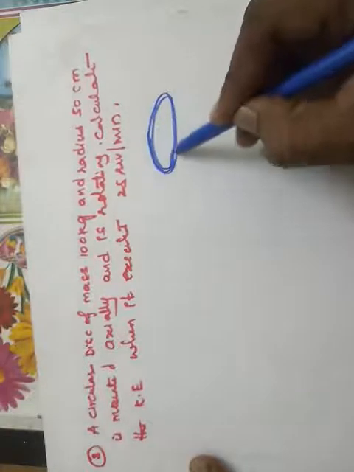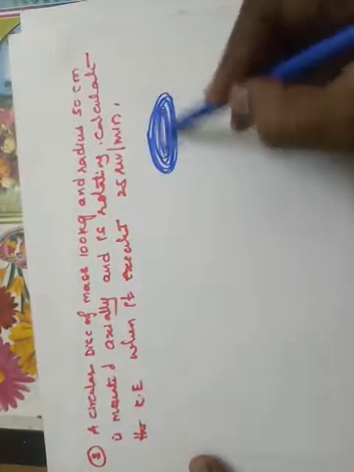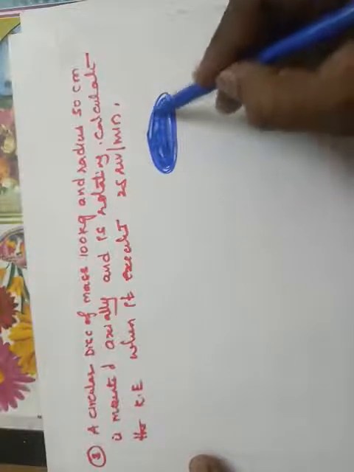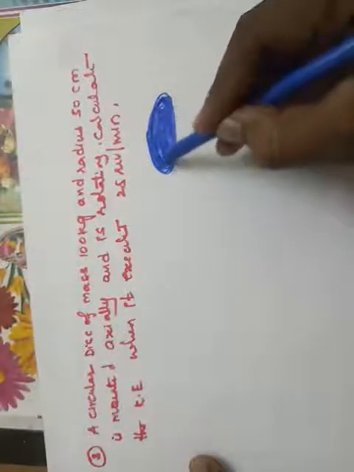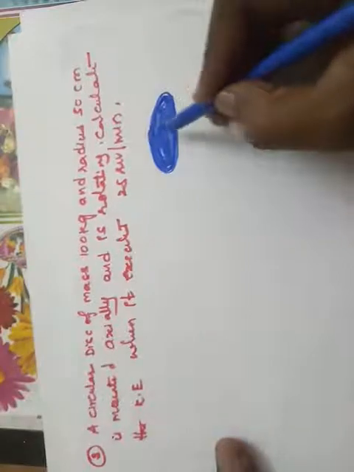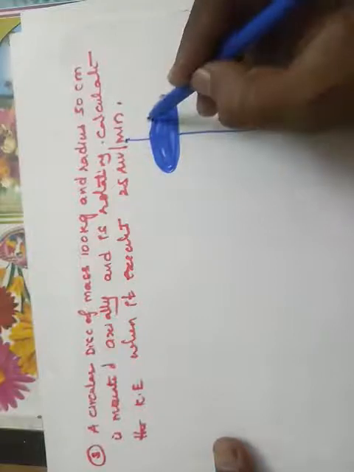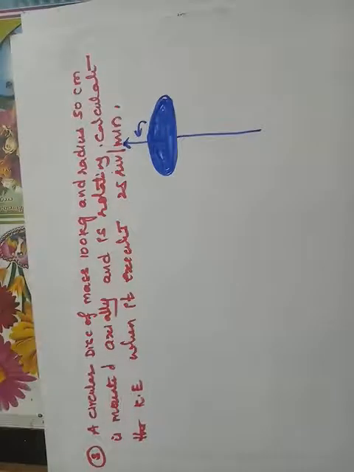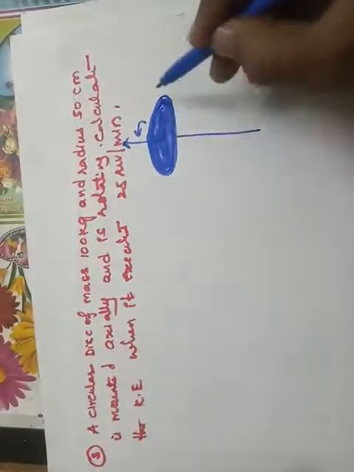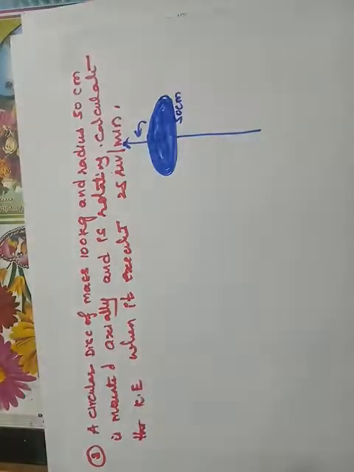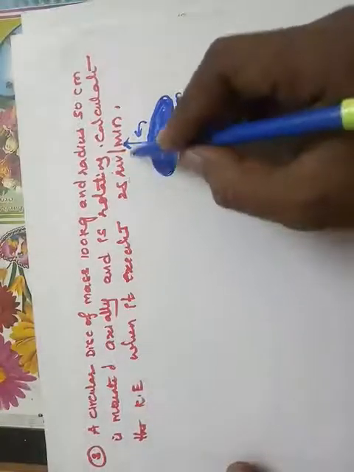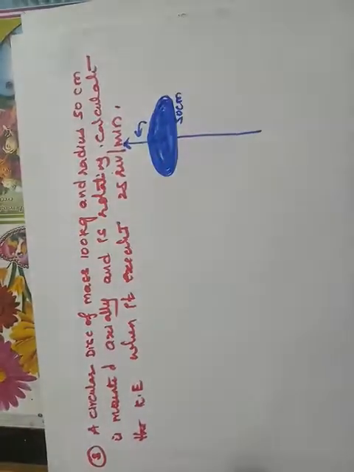This is the circular disk, which is rotating axially, for example rotation like this. Whose radius is how much? 50 centimeters radius. Okay, and the number of revolutions per minute is 25, and whose mass is 100 kg. We have to find out its kinetic energy.